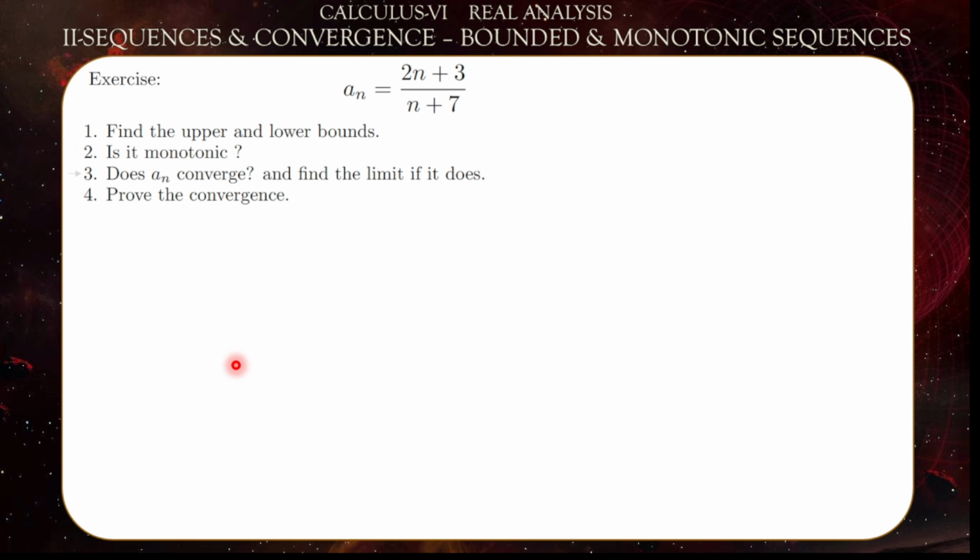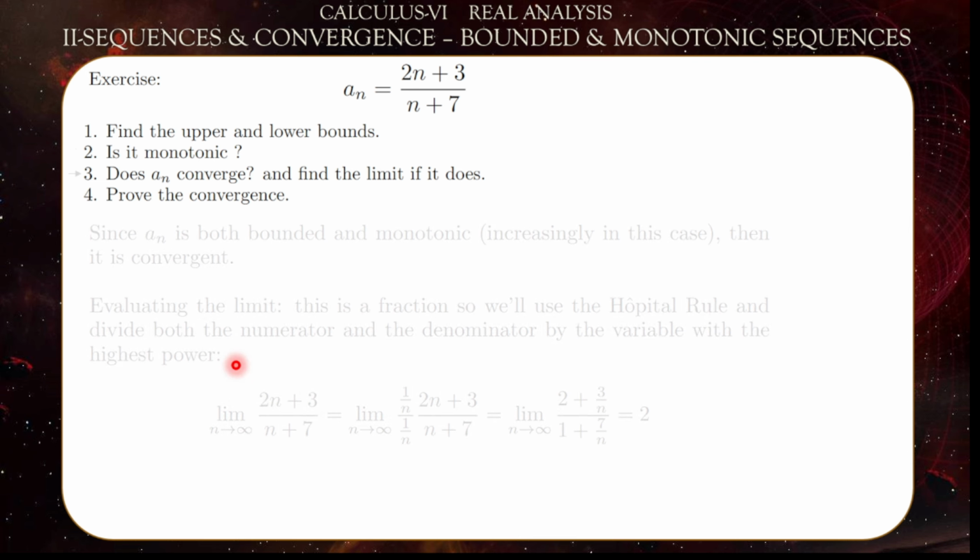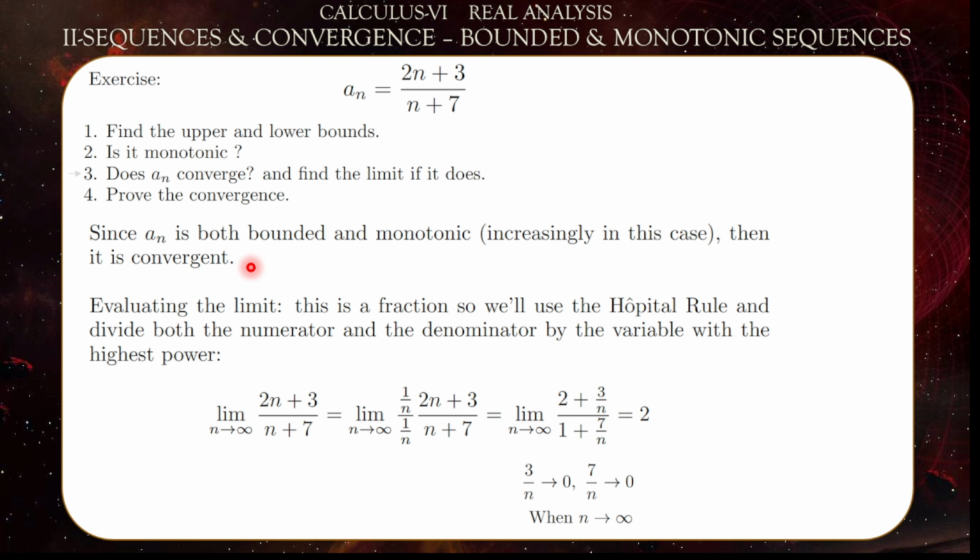Does an converge, and find the limit if it does? Since an is both bounded and monotonic, increasingly in this case, then it is convergent. Evaluating the limit, this is a fraction, so we will divide both the numerator and the denominator by the variable with the highest power, which is n. So limit of (2n plus 3) divided by (n plus 7) as n approaches infinity.